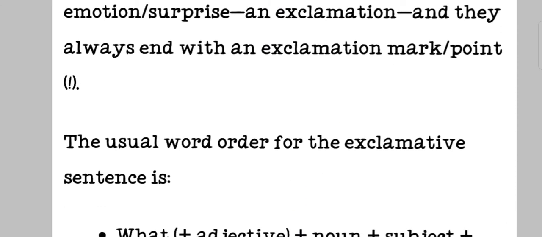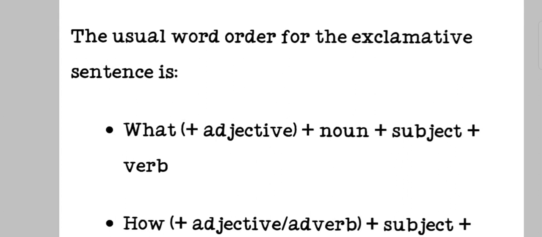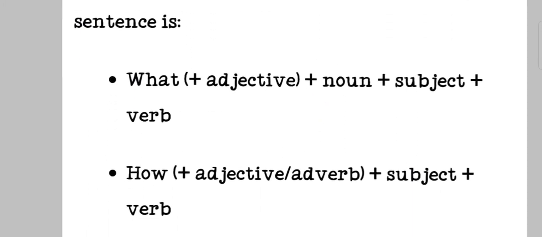The usual word order for the exclamative sentence is what plus adjective plus noun plus subject plus verb, and the structure of how. We use two words that are what and how. The structure of how is how plus adjective or adverb plus subject plus verb.